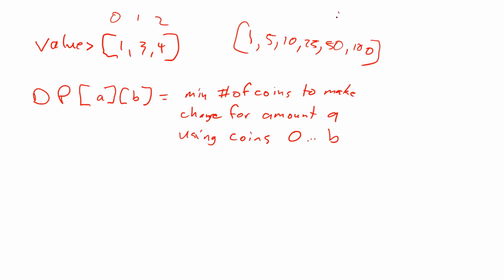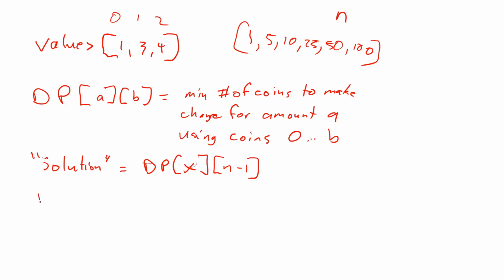And if there are a total of n coins to choose from, the solution, the thing that we are looking for, is going to be dp of the amount x that we read in, however many dollars we need to make change for, and n minus 1, since they're numbered 0 to n minus 1. Okay? So we have all those coins available. Those are the ones available to us. So that's going to be our solution.